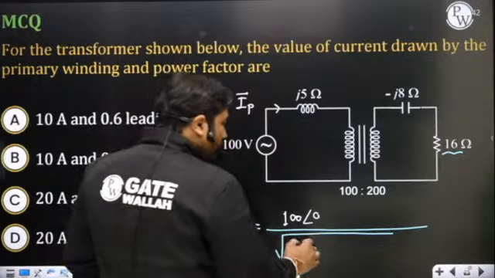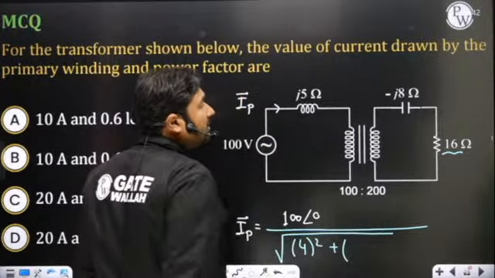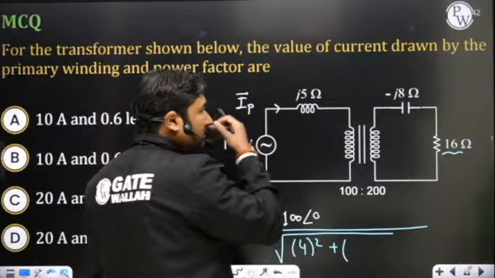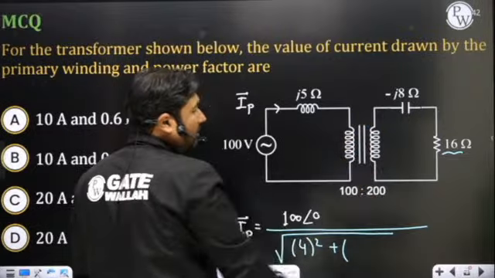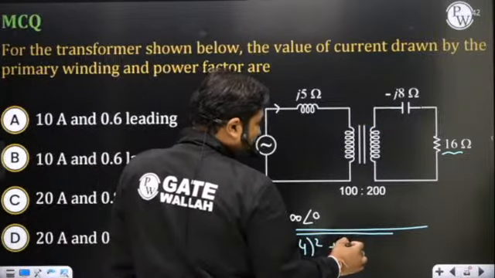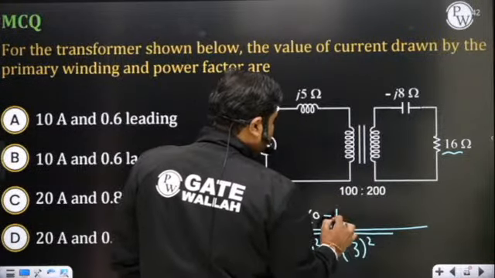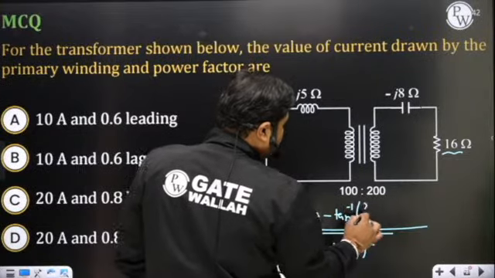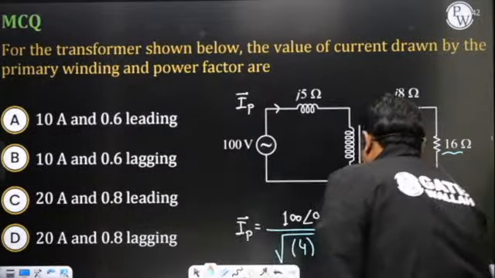So that is 4 ohm only. Plus minus J8, when it comes to this side, it will be divided by 4, because divided by 2 square, that is 4. So minus J2. 5 minus J2 is root 3 square... minus tan inverse 3 by 4. Very easy. You can easily do this type of question.